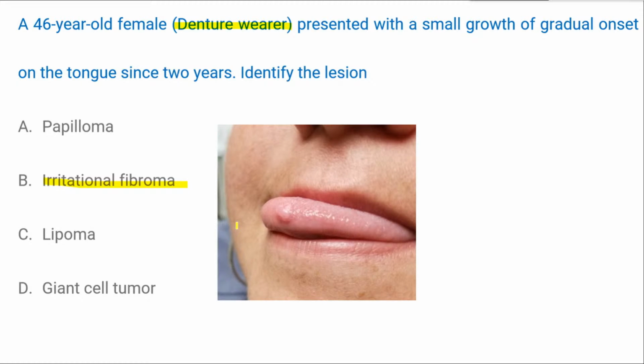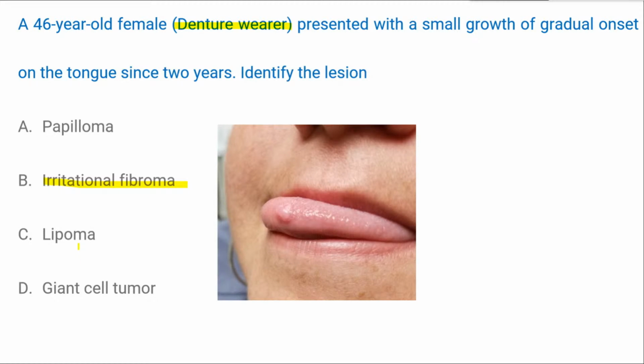They would have given some other point, maybe age, or the histologic picture. With that only can you say: lipoma is fat cells, giant cell tumor will have giant cells in addition to fibrous cells, and irritational fibroma is only fibrous growth, so it will have more fibroblasts and deposited collagen. That's how you differentiate.